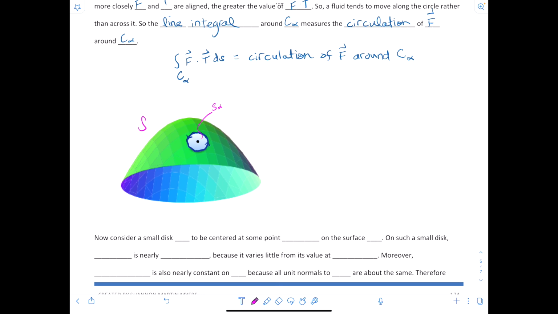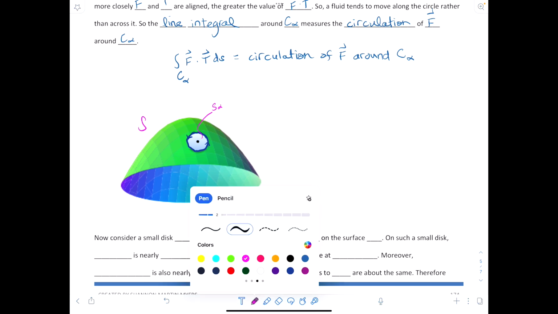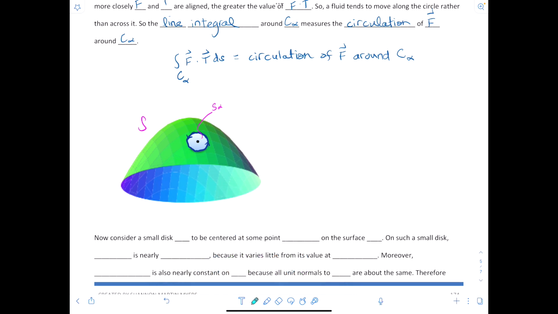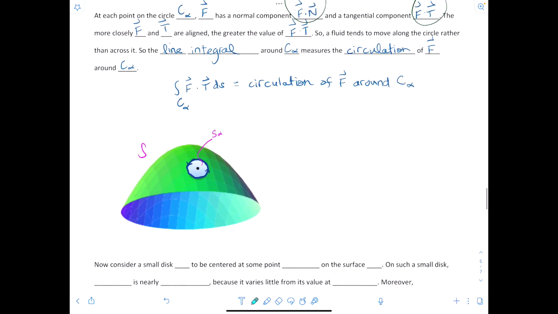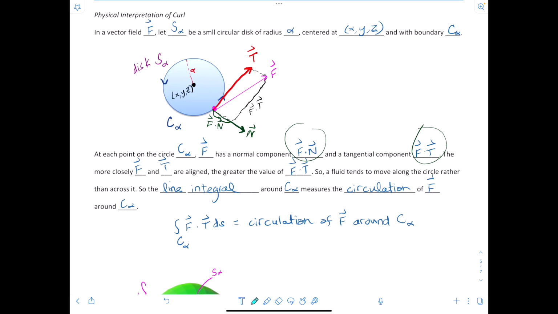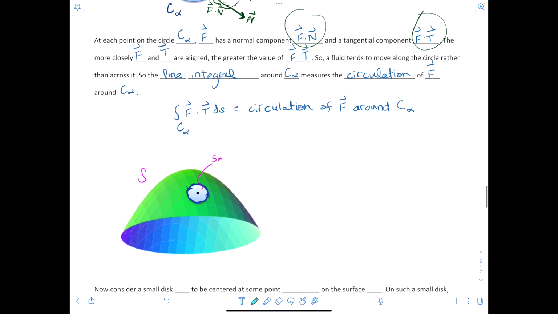And now if we think about the vectors sticking straight out, right? I'll do this. Hopefully these will show up well. You've got your curl of F, and then your normal vector.